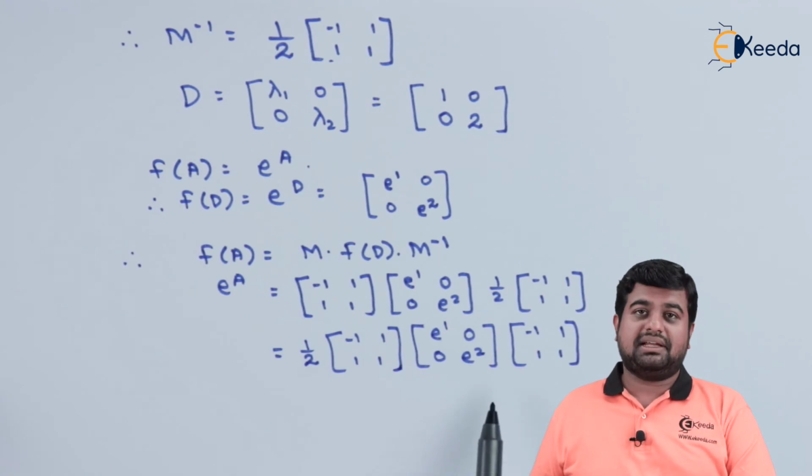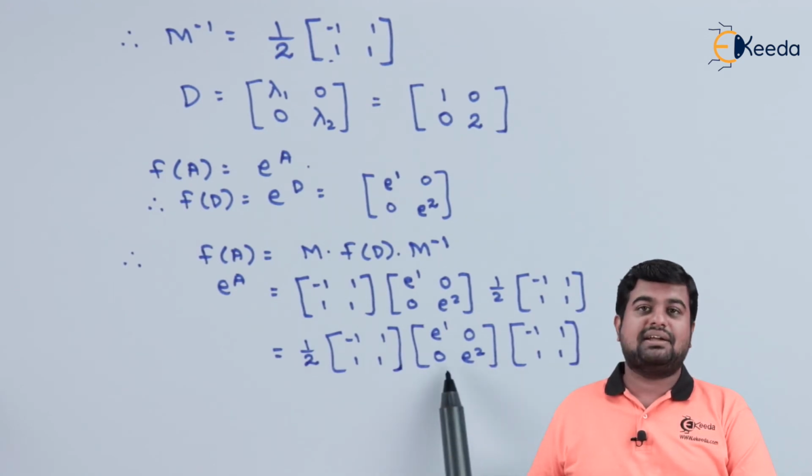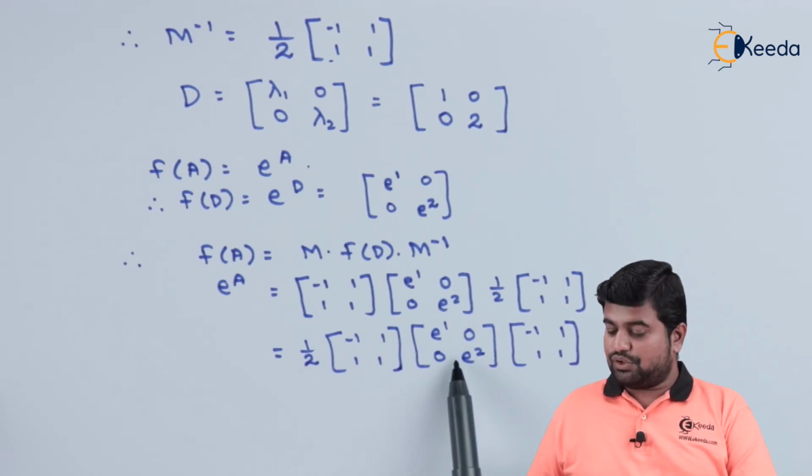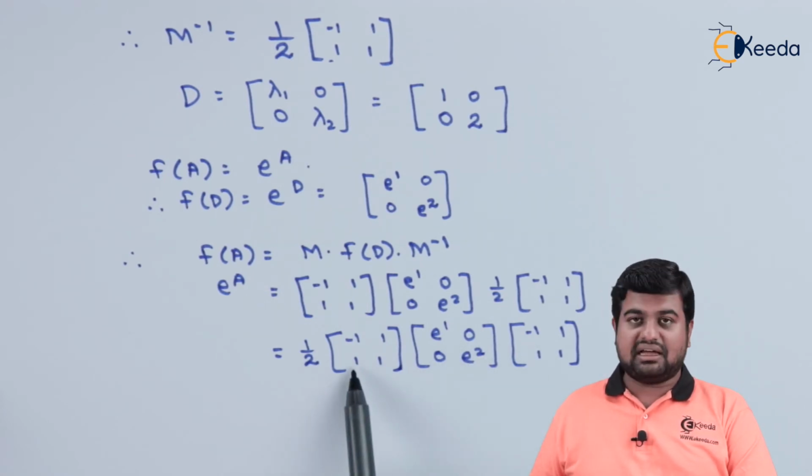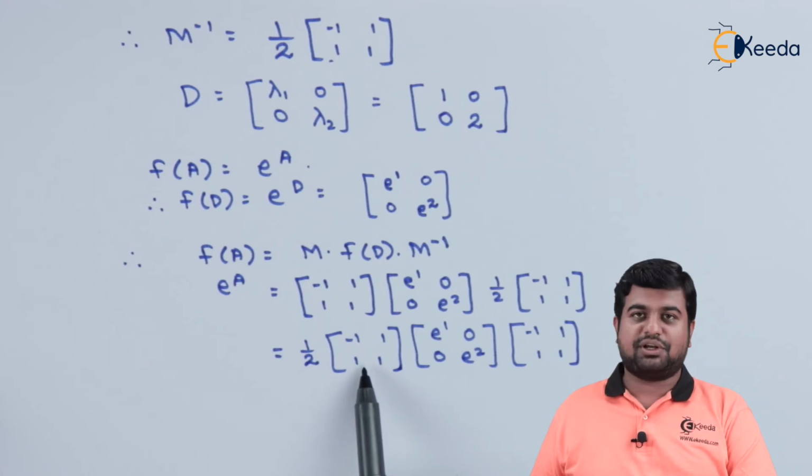So let us multiply this from right hand side to the left hand side. First I am going to multiply these two particular matrices, and then the answer will get multiplied with this particular matrix.